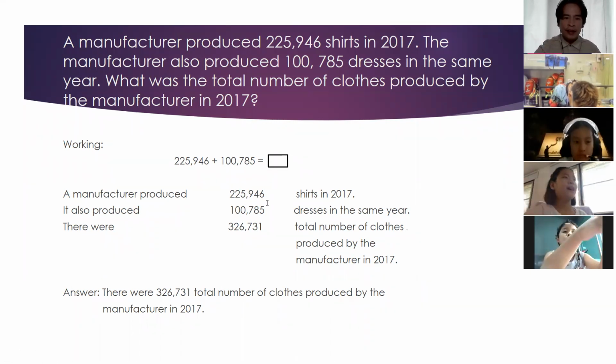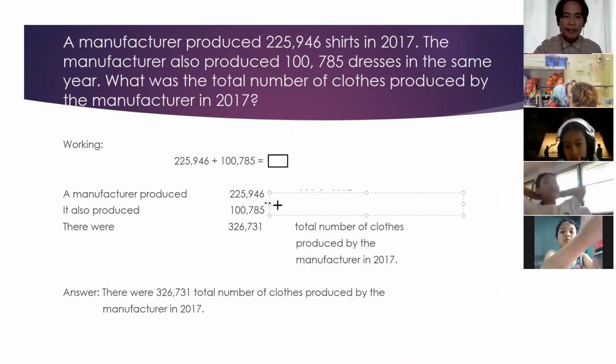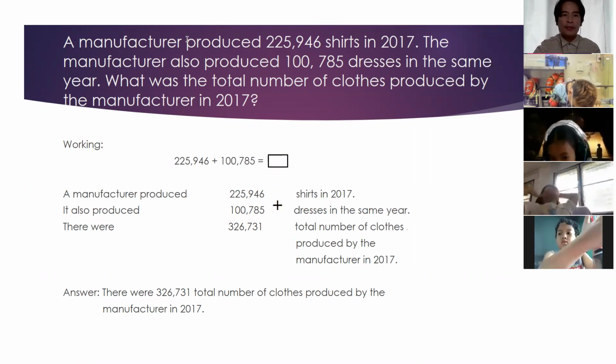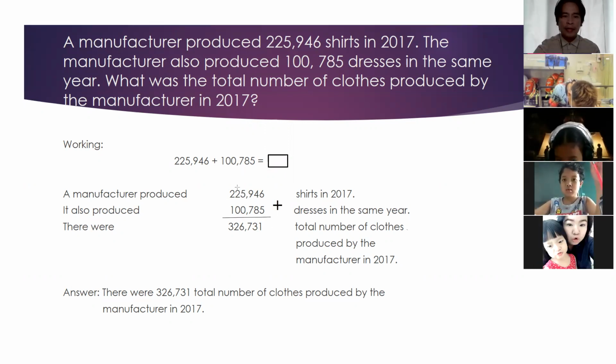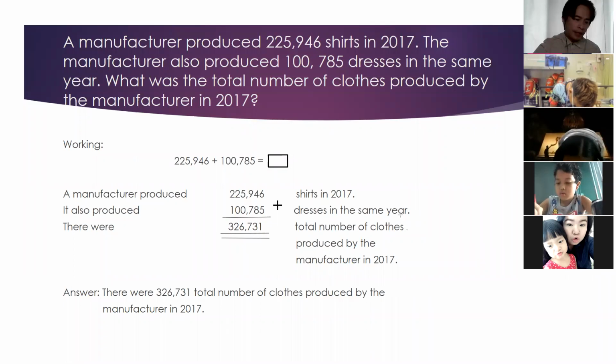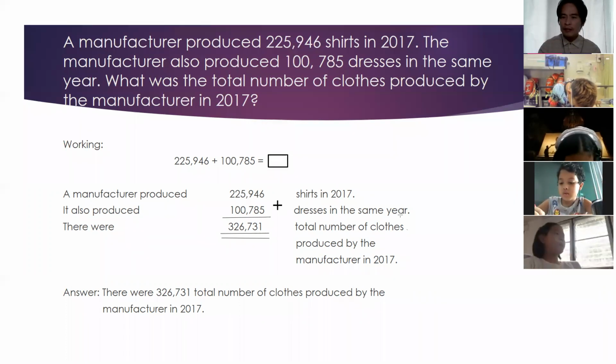Writing the operation here, plus, and then you have to underline this, and the final answer should be underlined twice. Like that. Okay, do you understand how to answer or solve word problems using addition operation?